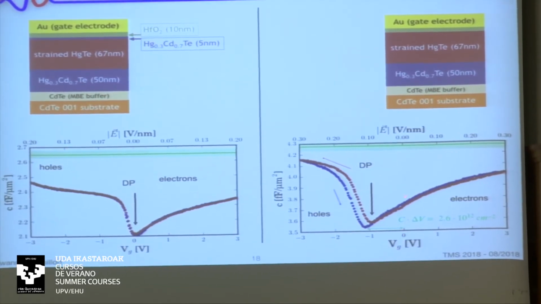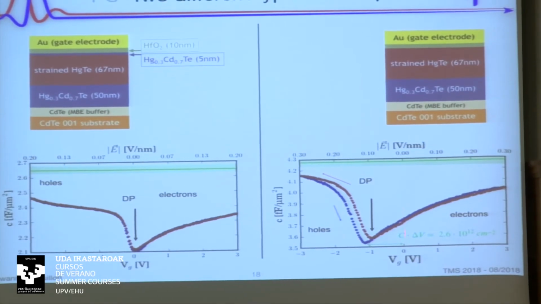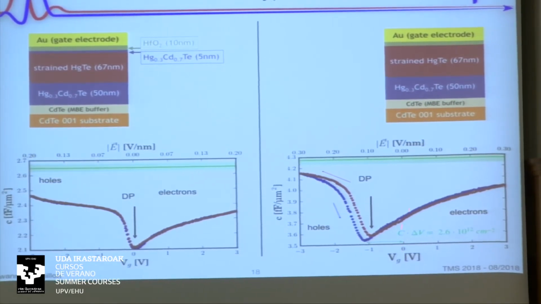There's a finite residual electron doping at 0 gate voltage, which you see as a shift of the Dirac point. And these are the two types of sample that we've tested. So I will focus on that sample. I'll try to show you the connection to these Volkov-Pankratov states that I've introduced previously, and I will come back to this sample at the end.